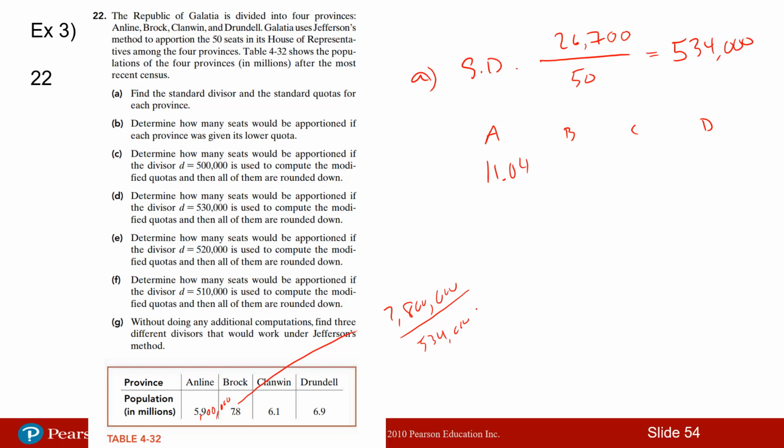So we put in 5,900,000, convert it to millions, then divide it by this number.